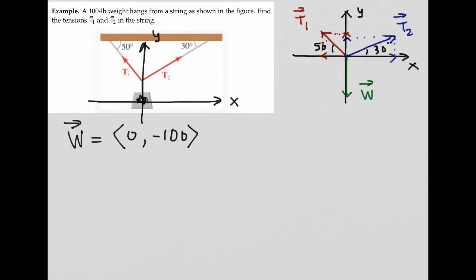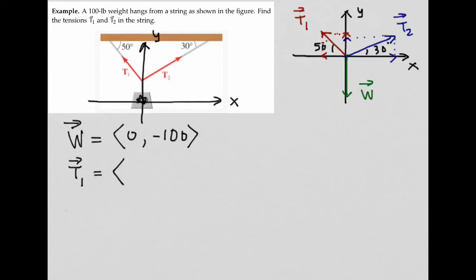Next, let's look at the components of the vector T1. That's the tension in the first string. If we take the vector T1 and decompose it into its x and y components, we see that the x component is negative and the y component is positive. The x component is the signed magnitude of the projection of T1 onto the x-axis.